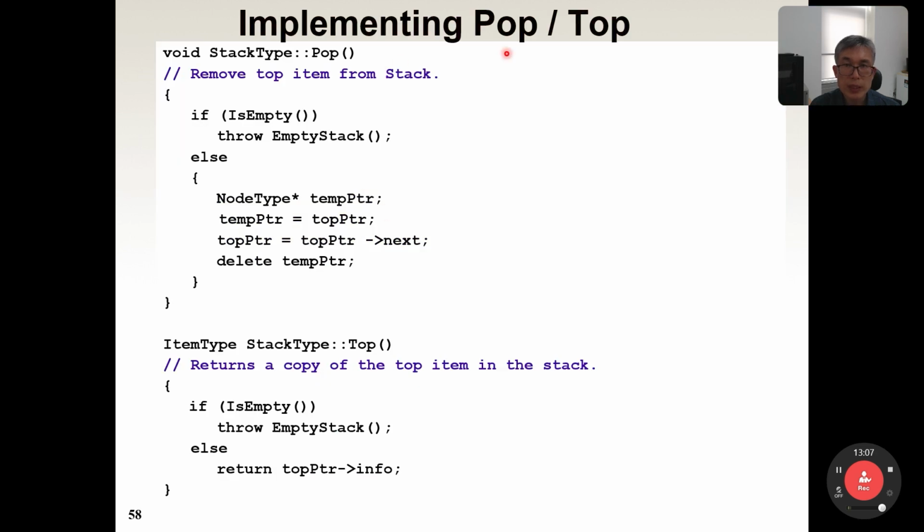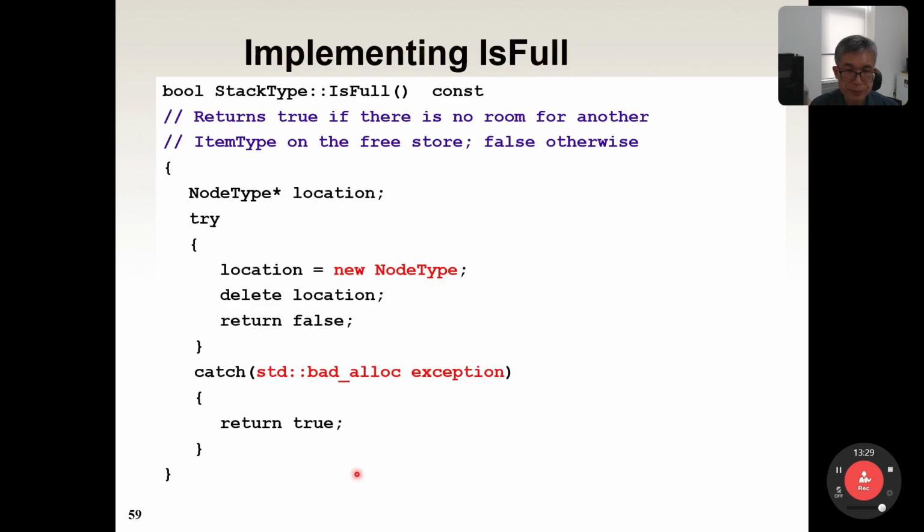So implementing pop and top. In the pop case we can check is empty, and in the not-empty case we can do the previous code, right. The top case, if it is empty, we can throw an empty stack error and print out the error message, otherwise return the top pointer's info value.